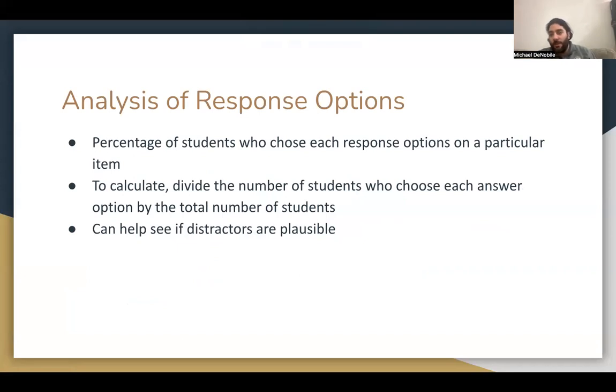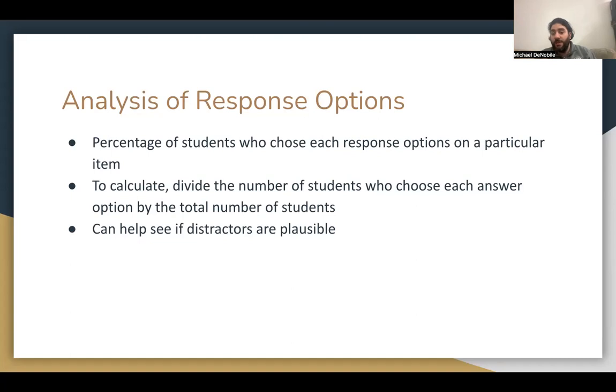So you'll see like question A, B, C, D. 0% chose A. 75% chose B, 25% chose C, 25% chose D. Well, maybe that's a really good question, because you had 2 distractors that clearly distracted the students in the bell curve, 25, 75, 25.